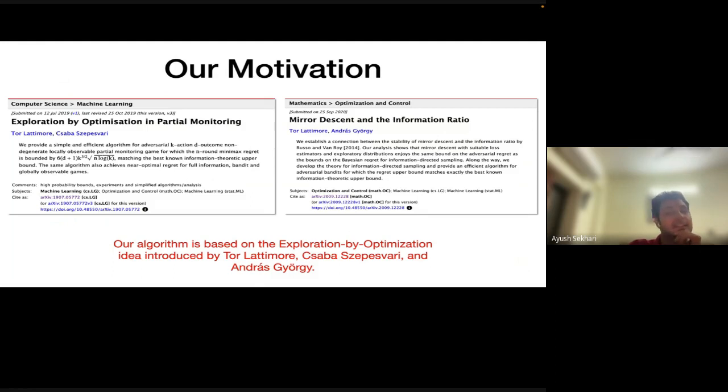As you will see, the algorithm is heavily based on this idea of exploration by optimization. In fact, what we do is provide an optimal way of doing exploration by optimization to obtain a high probability regret guarantee that can also work for adaptive adversaries.